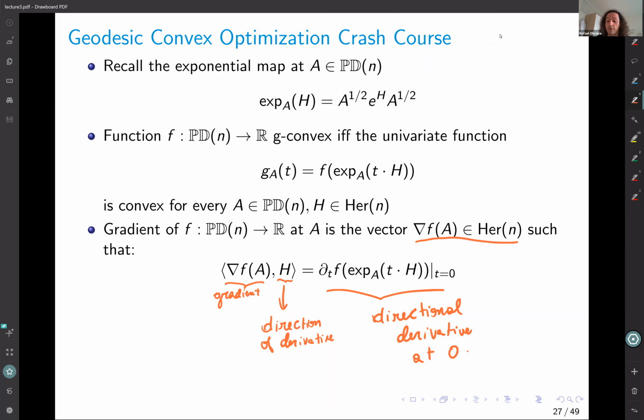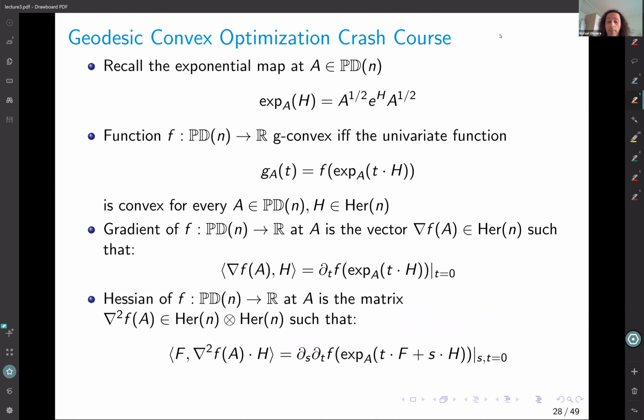That's just the generalization of the definition of gradient for the Riemannian manifold, and the Hessian is the same, right? So the Hessian of f here is the matrix, which we denote by nabla squared, which now is in the space of Hermitian matrices tensor Hermitian matrices, and again, I'm just identifying the Hermitians with the duals. To be more proper, we would have to do Hermitian tensor dual.